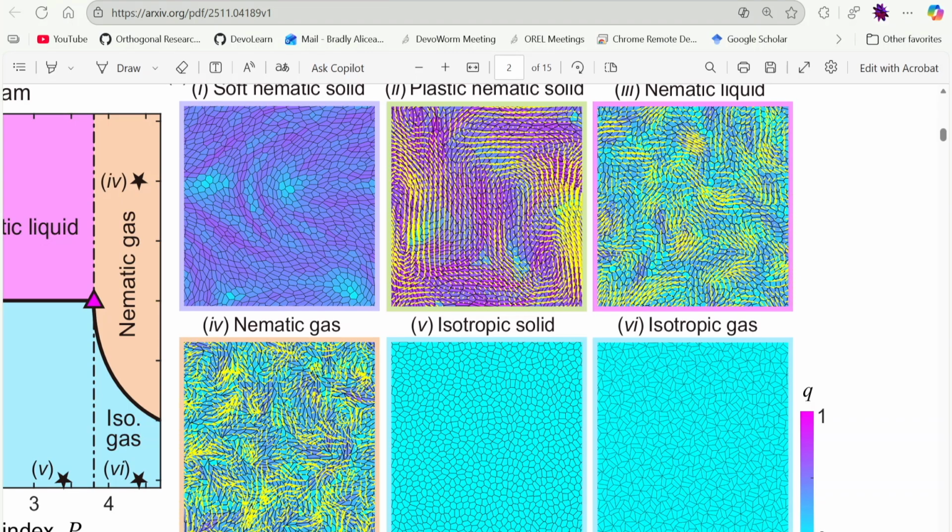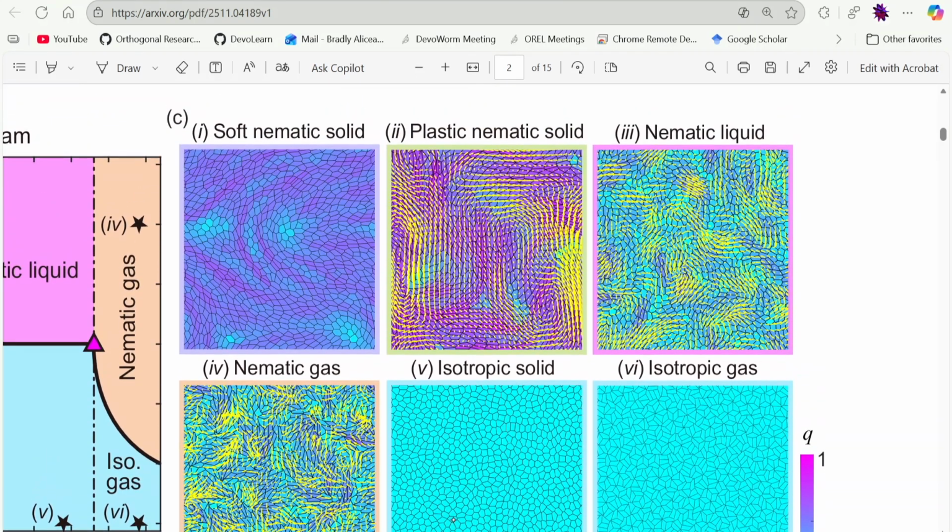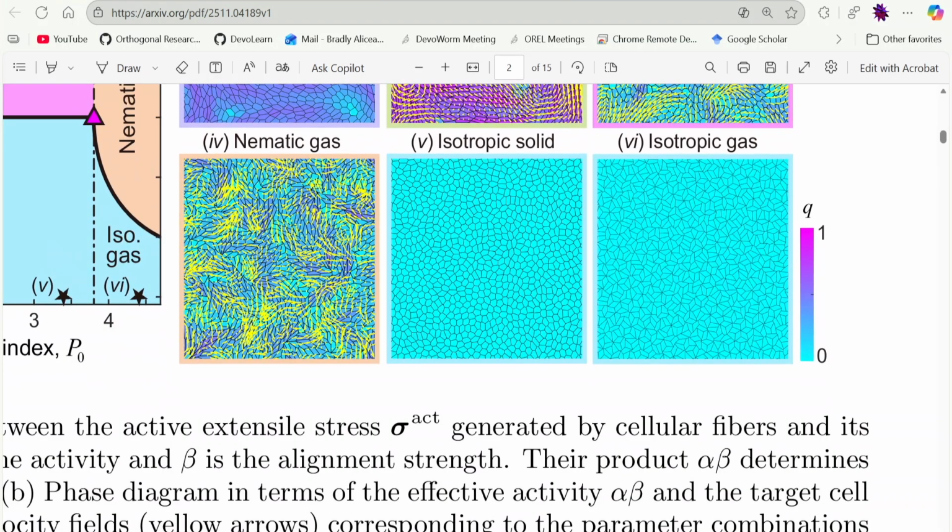Nematic liquid has more abrupt changes with respect to the orientation, and you can see the cells underneath there. Nematic gas is more chaotic than the nematic liquid, which is based on the yellow lines. Isotropic solid are these hexagons and pentagons that look like they're frozen in place.